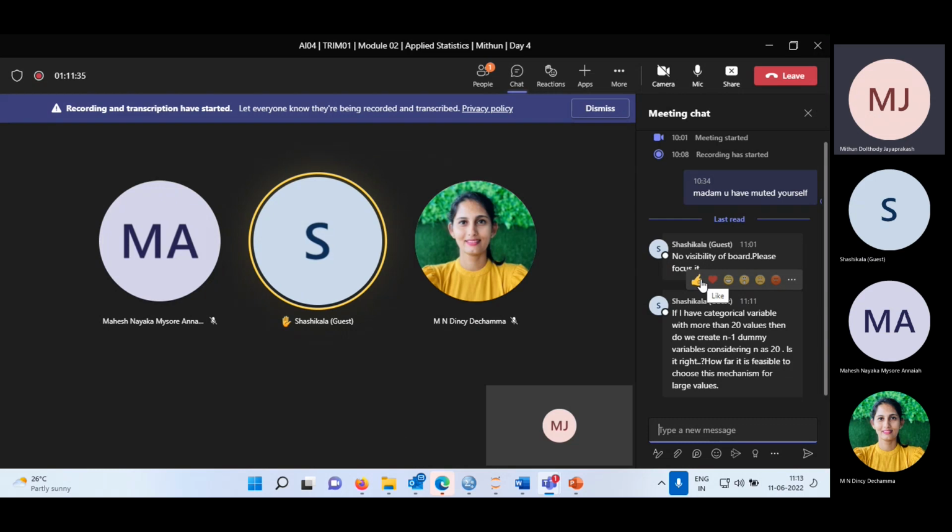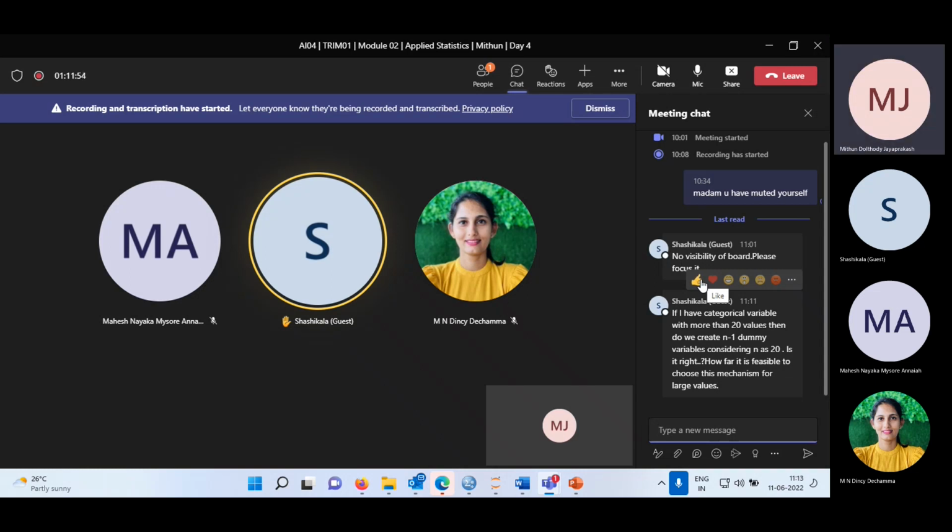Alternatively, we could also look at MSE, mean square error, and mean absolute error as well. You can look at any of these three things, but R square for all practical purposes is good enough.